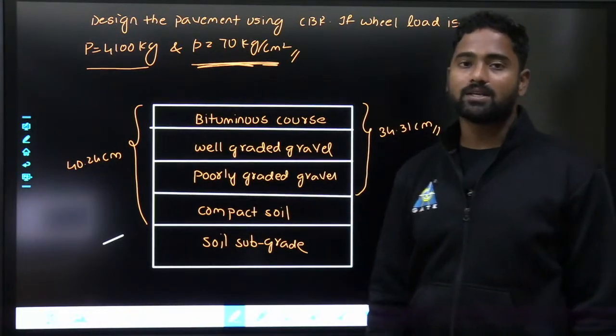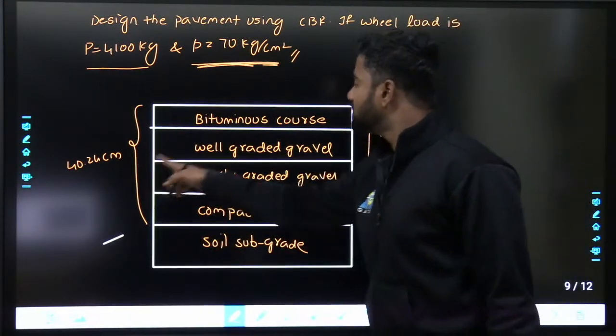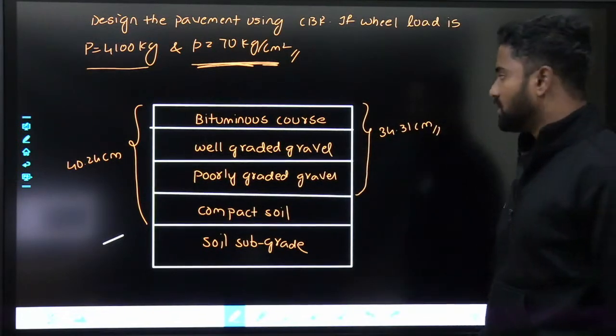What would be the thickness of compact soil then? This minus this, right.